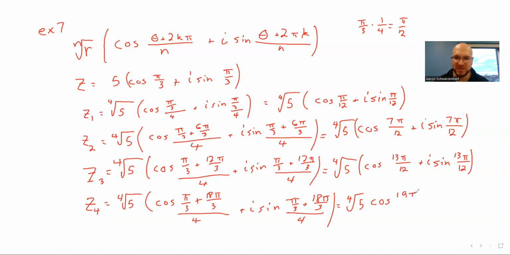Pi plus 18 pi is 19 pi over 12 plus I sine 19 pi over 12. So that is roots of unity. Okay? That's where we start. Okay? That's in polar form.